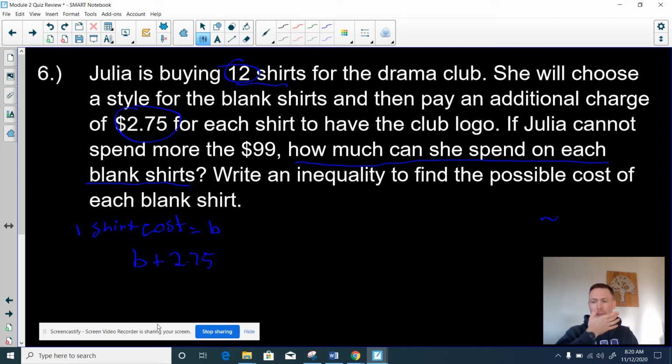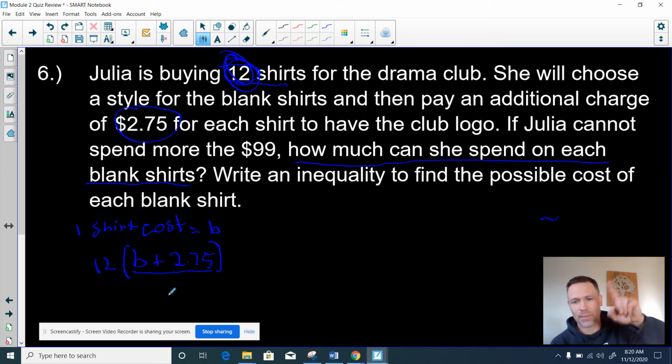But here's the thing, I'm not just buying one. How many am I buying? I'm buying 12. So I'm basically taking this entire cost right here and multiplying that by 12. Does that make sense? I'm taking the cost of one shirt, adding $2.75 to that no matter what, and I'm going to do that 12 times. So it's 12 times that overall cost, okay?